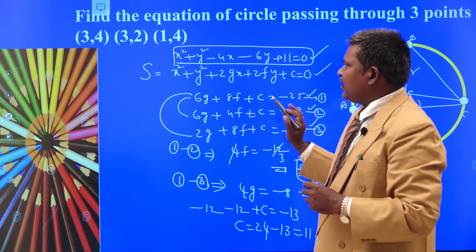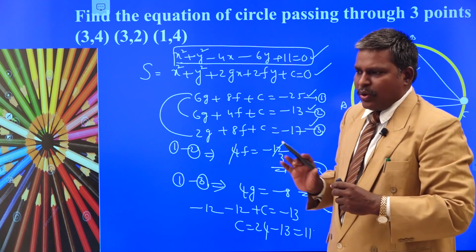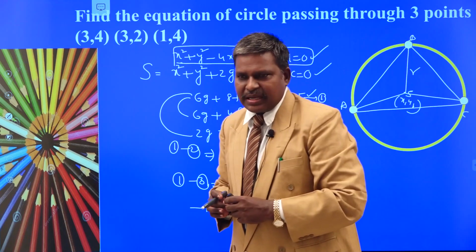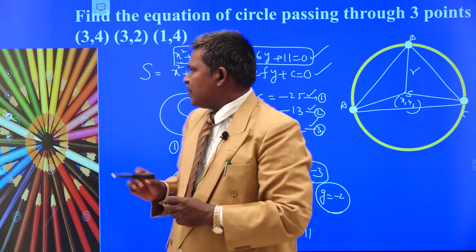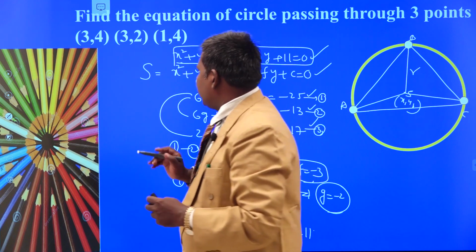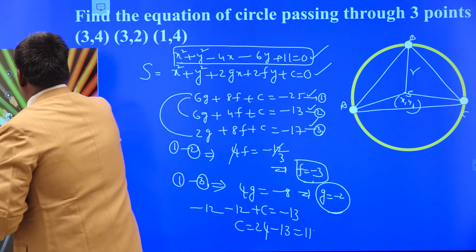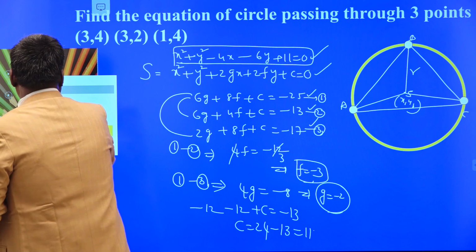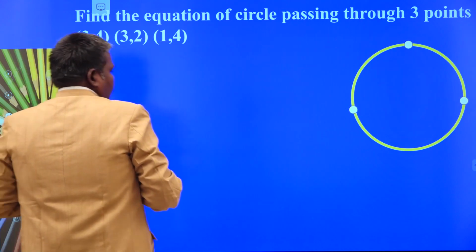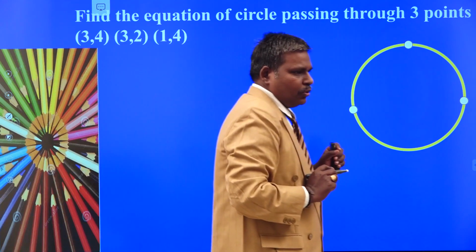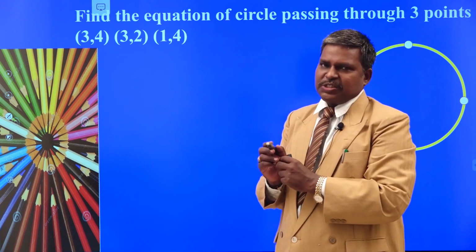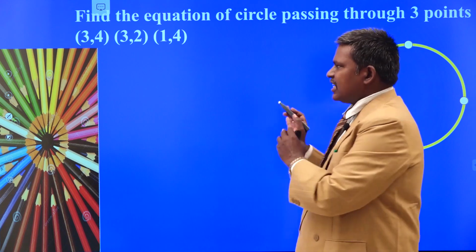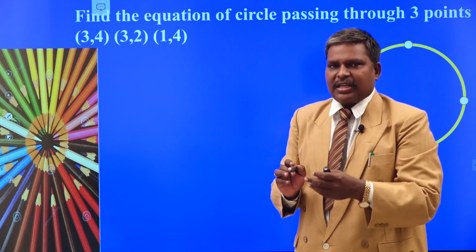So from the IIT point of view, these are the methods. We have one shortcut method also. This method may be used in the objective also. I will explain simply, but it is better to use this only in an objective manner. So I will give the clue, but I am not in a position to explain why we are doing it in this manner, because the concept is related to the topic system of circles.